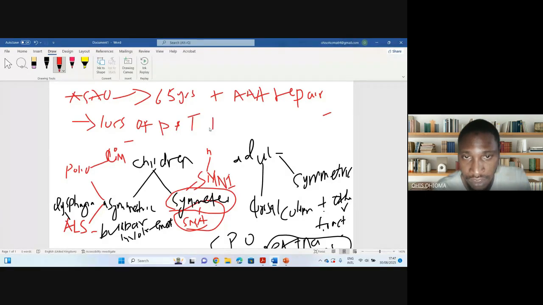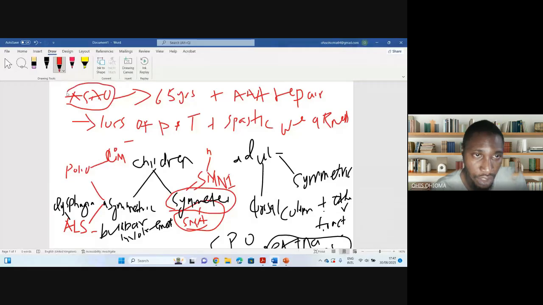And then the patient also has spastic paralysis or spastic weakness. When you see this in a question, the answer can only be anterior spinal artery occlusion.